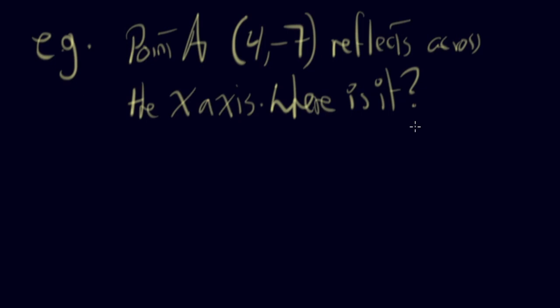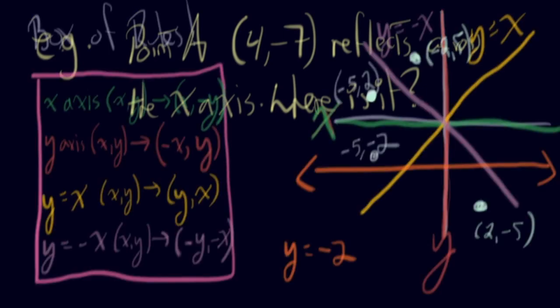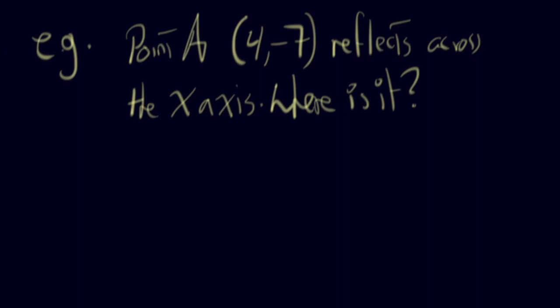Let's see, what is going to happen? Remember, you can always go back and see what the rules are. Okay, x-axis, it looks like the x stays the same, but the y is going to change. So that stays 4, and this -7 becomes +7. What would that actually look like?